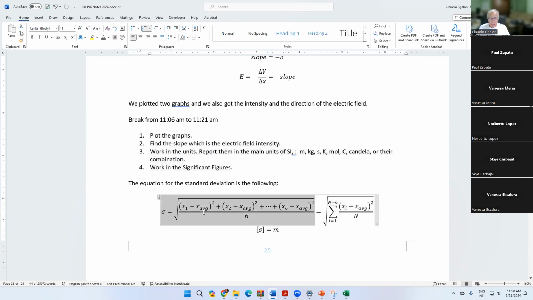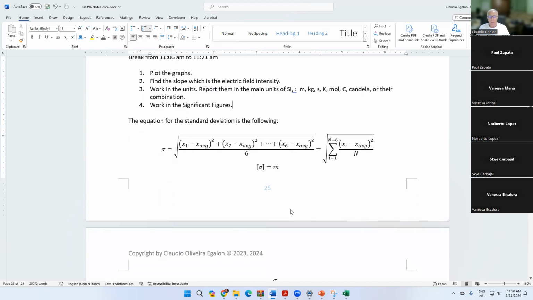Okay, here you go. This is the equation for the standard deviation. The standard deviation equation is going to be the sum of the differences squared.